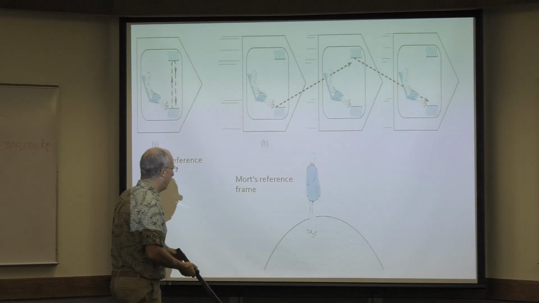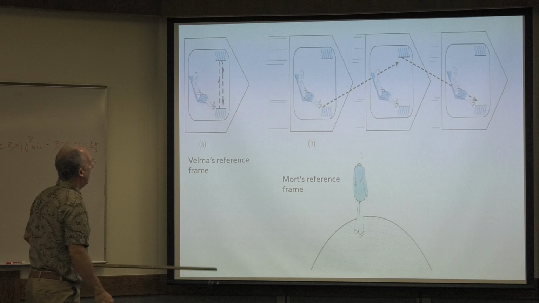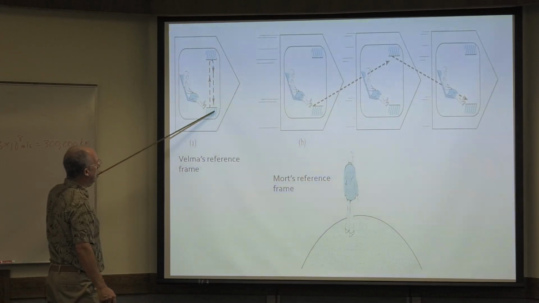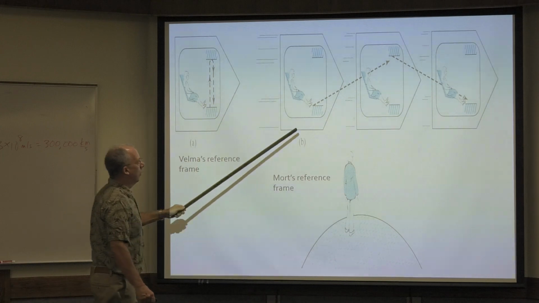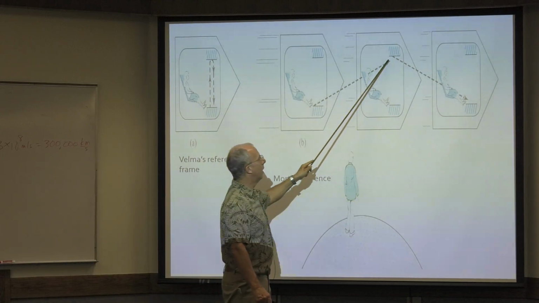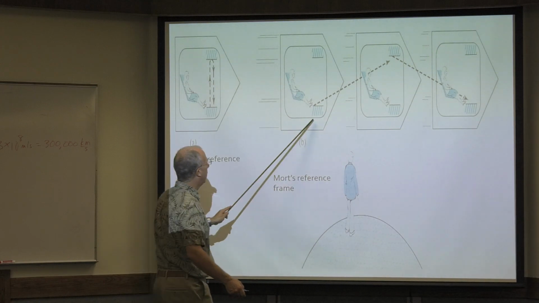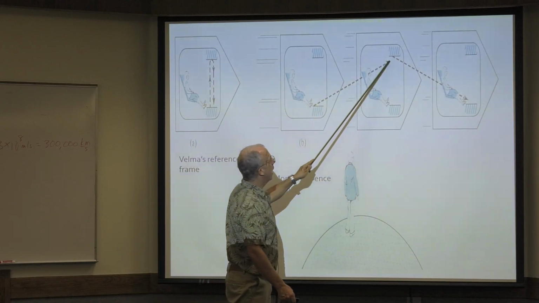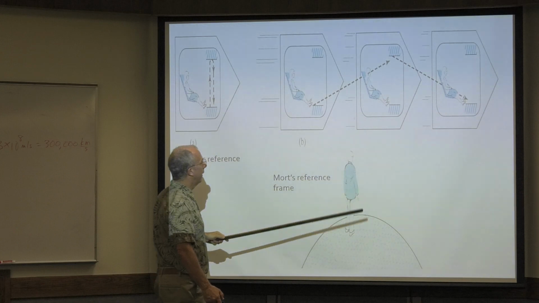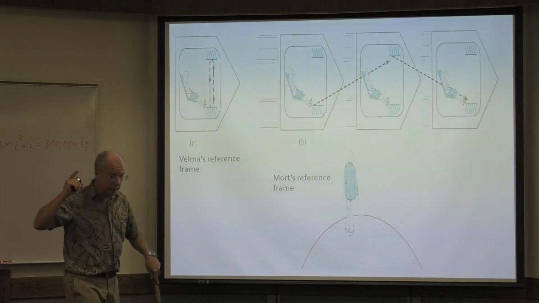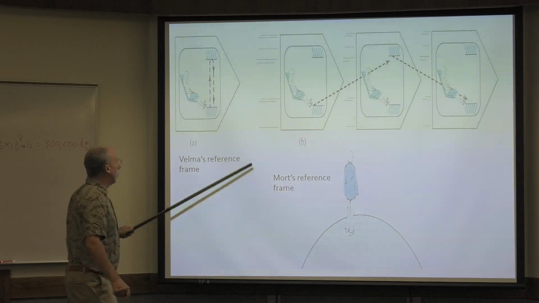Now, obviously, if this is 150,000 kilometers from here to here, what is it from here to here? Well, it's obviously more, right? It's longer. This is greater than 150,000 kilometers. Agree? Now remember, everybody measures the speed of light to be the speed of light.